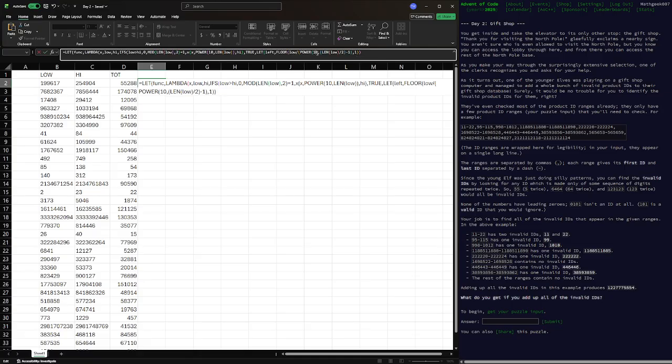This is power. Oh, this needs to be closed again. Yeah, the significance, cool. And then right has to be low. Yeah, I'm going to do mod low power 10, length of low divided by 2 minus 1.